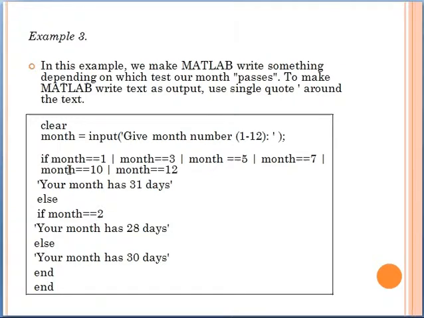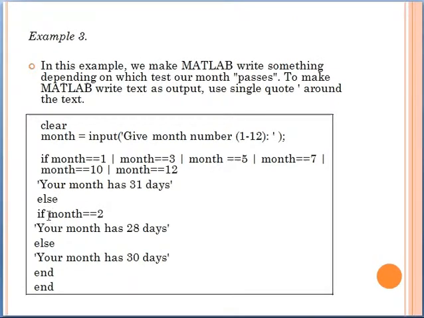If month is equal to 1, in MATLAB for comparing value use double equals. Now if month is equal to 1, or, this symbol is used for or, month equal to 3 or 5 or 7 or 10 or 12, that is, if the input is any of these numbers, then the output must be 'your month has 31 days'.